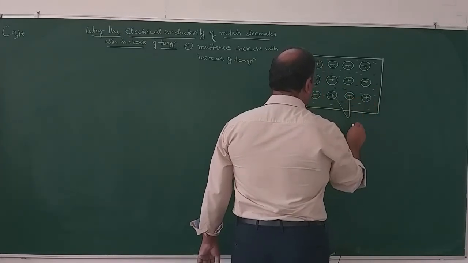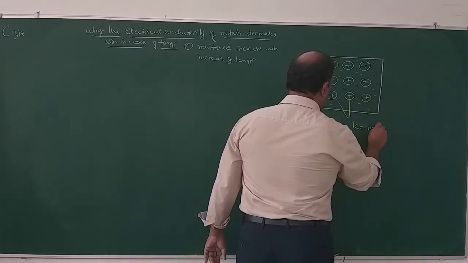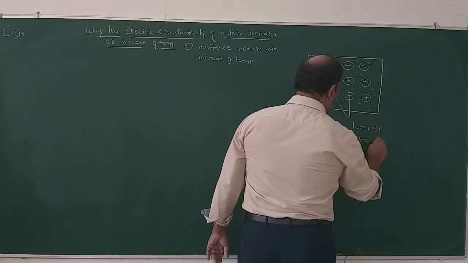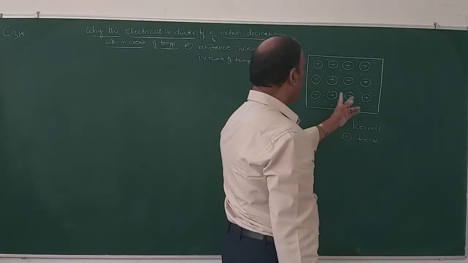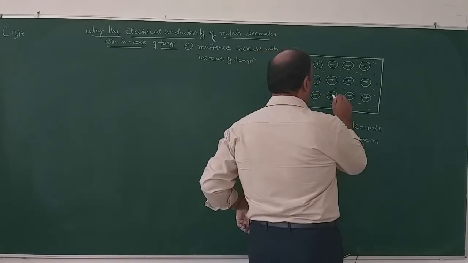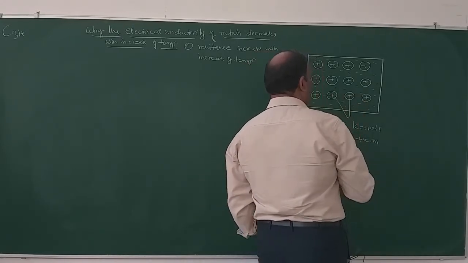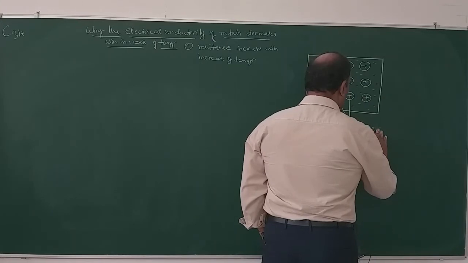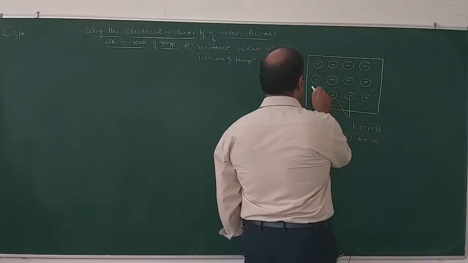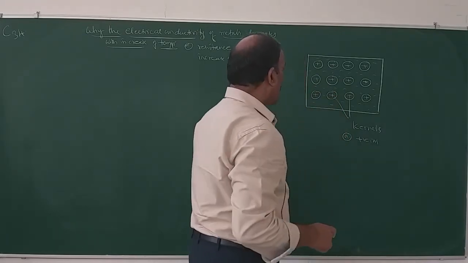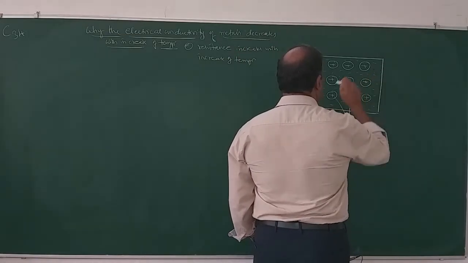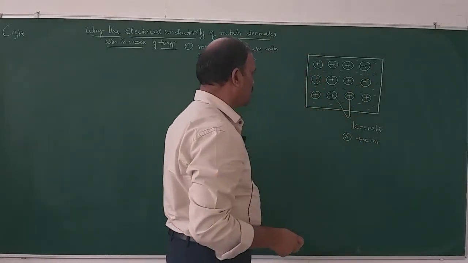These are called kernels or positive ions. So these positively charged ions are in a pool of negatively charged electrons. This is the situation in case of metals.